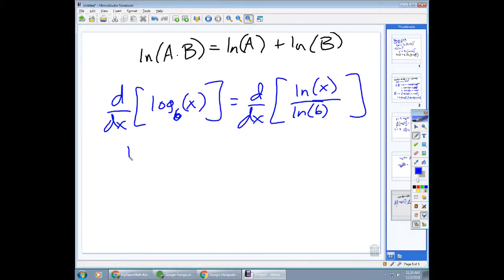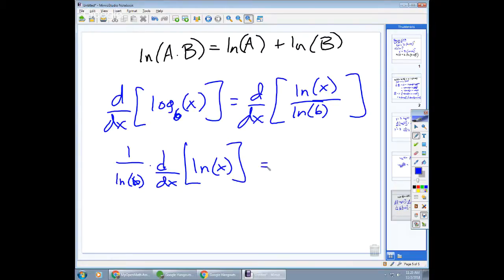I could rewrite this as 1 over the natural log of 6 times the derivative with respect to x of the natural log of x. And what's the derivative of the natural log of x? 1 over x. So I get that constant 1 over the natural log of 6 times 1 over x. And if 3 was the other multiple, you just tack the 3 down there. Okay. Questions on that one?